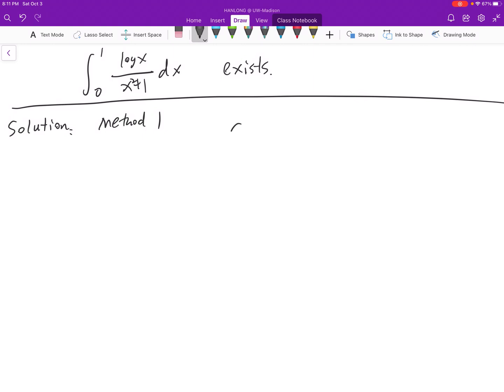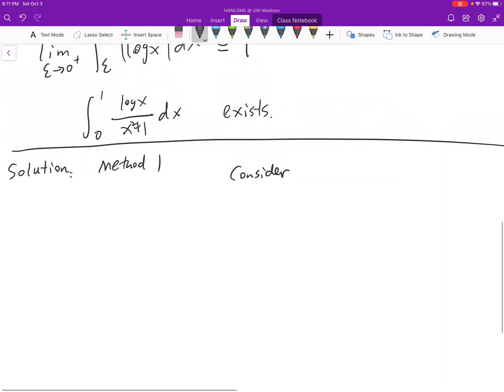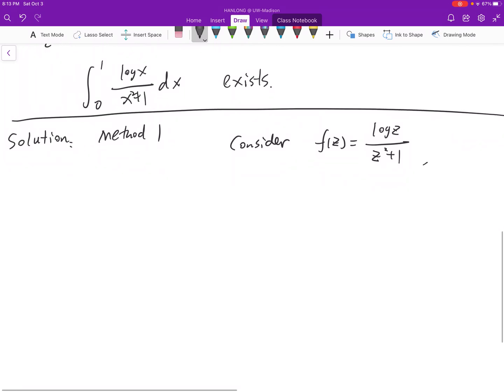So method one: we first fix the holomorphic function. Here, a natural choice is f(z) equals log z divided by z squared plus 1. But then, of course, you have trouble. Log z is not well defined on the whole real number line, so you need to define the branch.